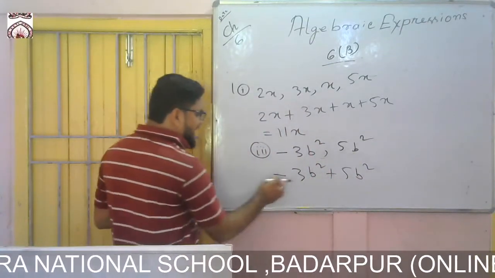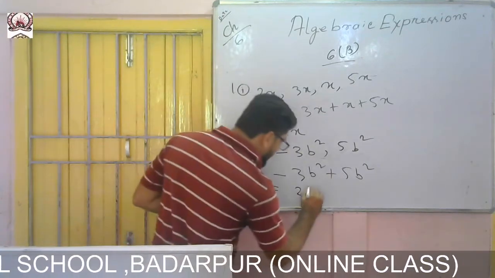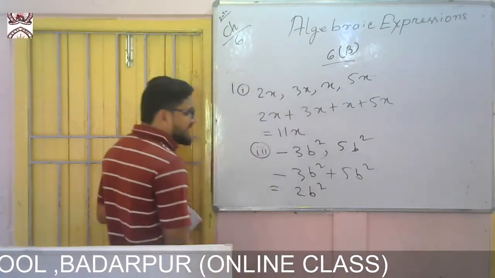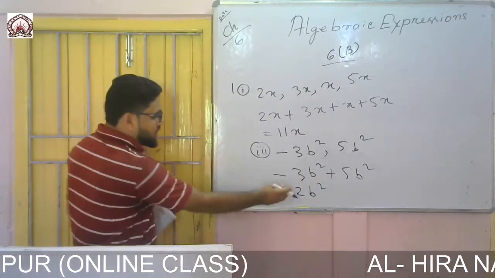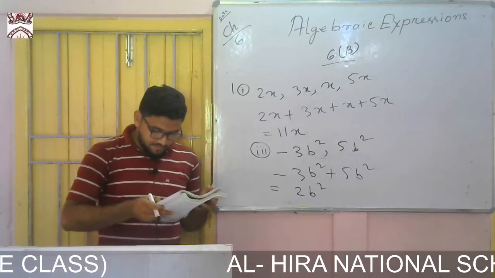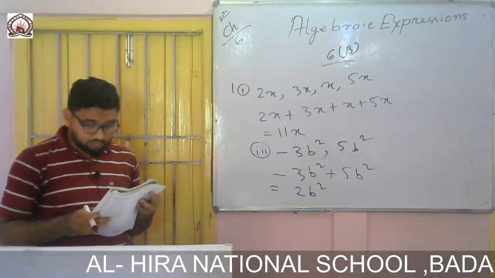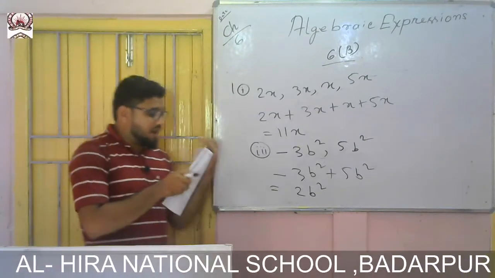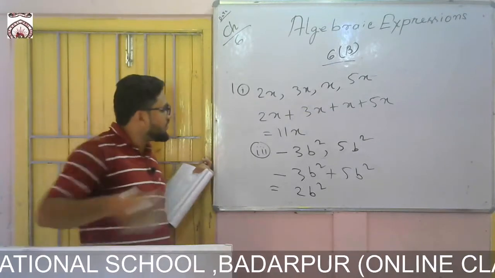So plus minus is minus. So 5 minus 3 is 2, 2b square. And here 5 is bigger, so the bigger sign is plus. So no need of writing plus here. Okay. Now come to question number 4.